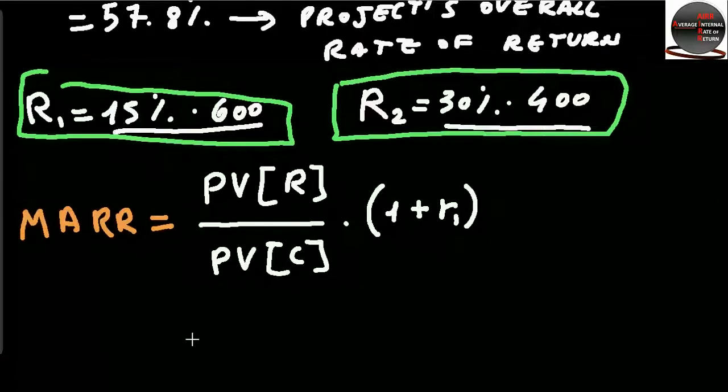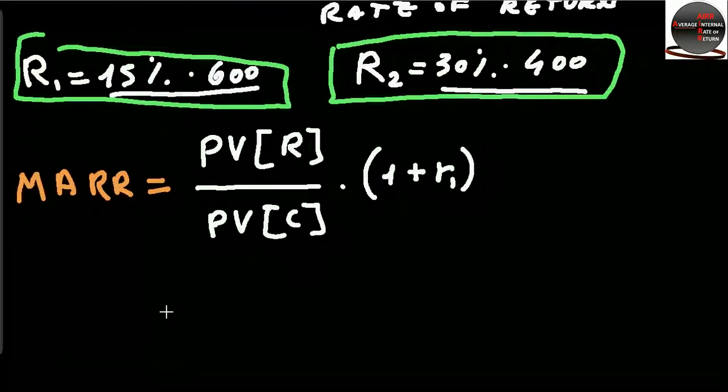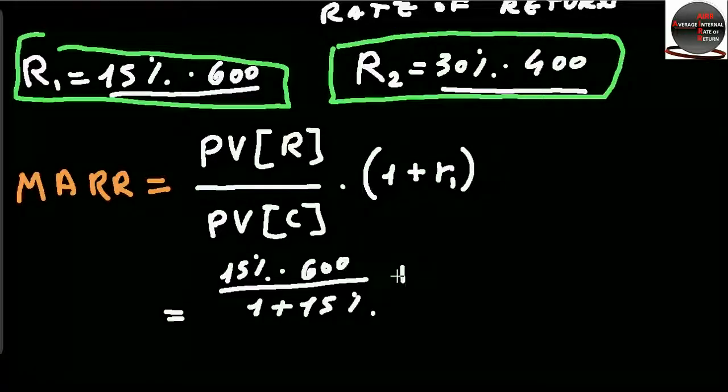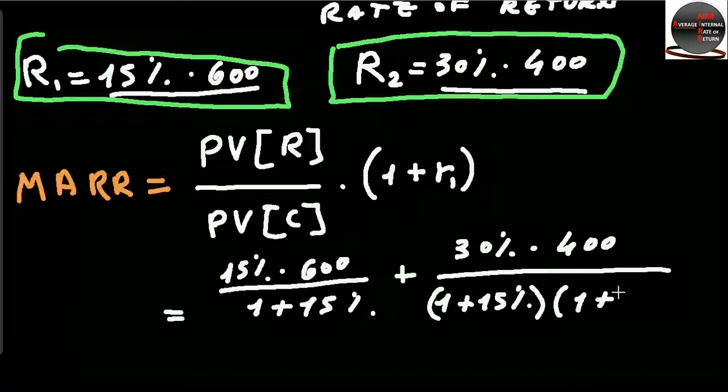So we have that the first return is 15% of 600, which we divide by 1 plus 15%, and we add the second market return, 30% multiplied by $400, and we discount by 2 periods, at 15% first period and at 30% second period.